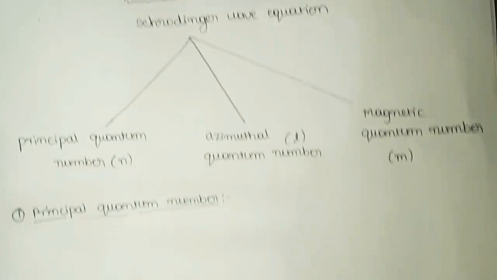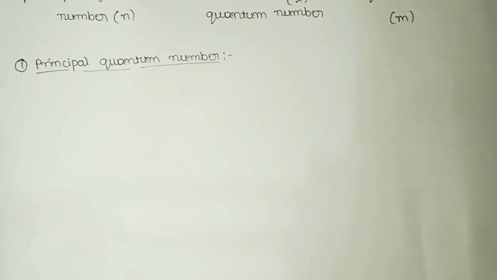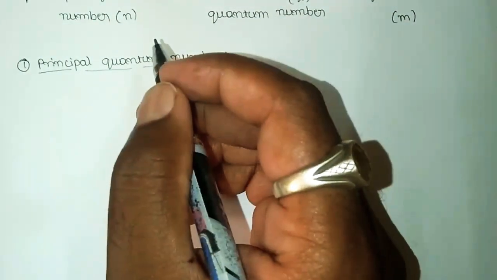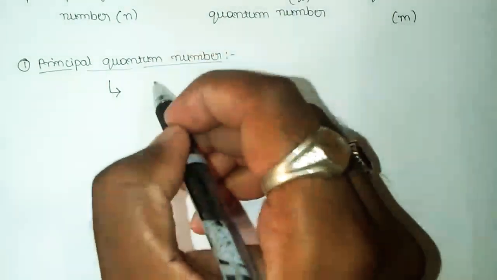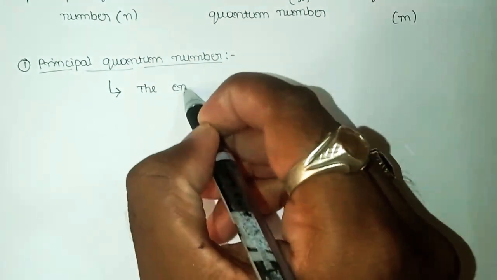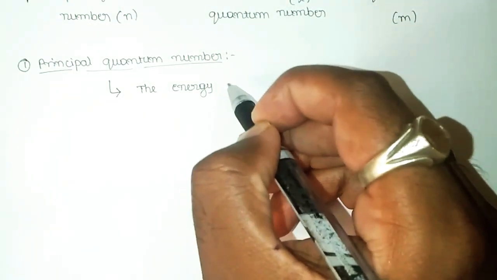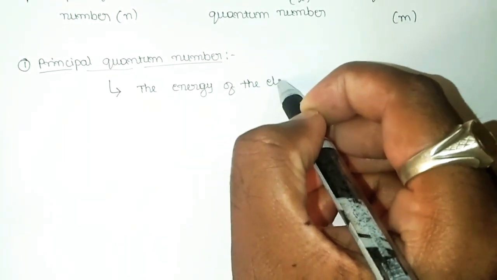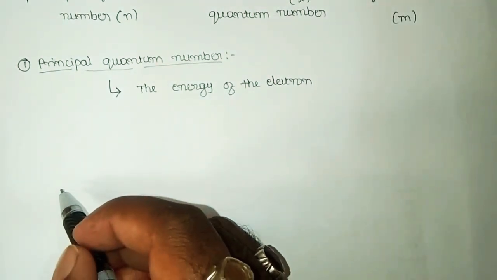First, we shall consider the first quantum number, that is the principal quantum number. The principal quantum number tells us about the energy of the electron. It clearly explains the exact energy of the electron which is present in a particular stationary state.